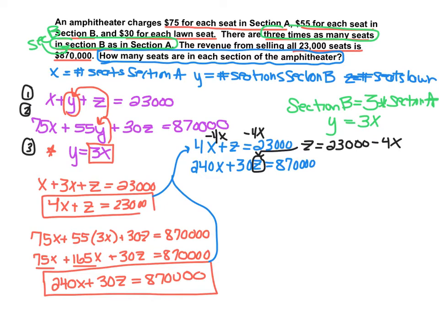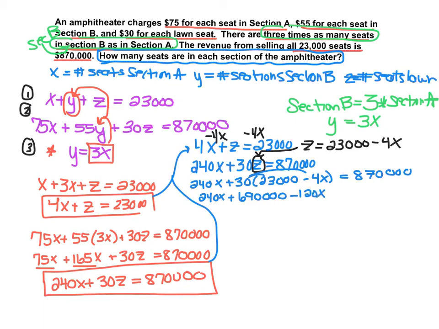So I have 240x plus 30 times, in parentheses, 23,000 minus 4x is equal to 870,000. I then distribute, so I have 240x plus, that becomes 690,000 minus 120x, and that's still equal to 870,000.